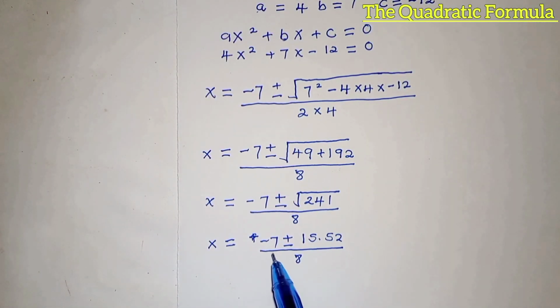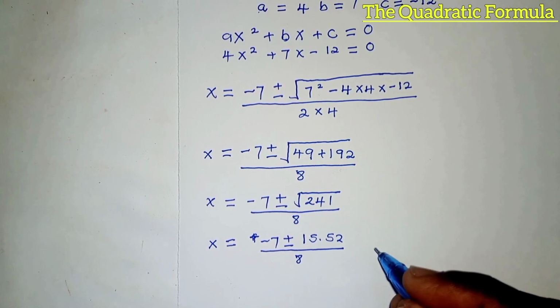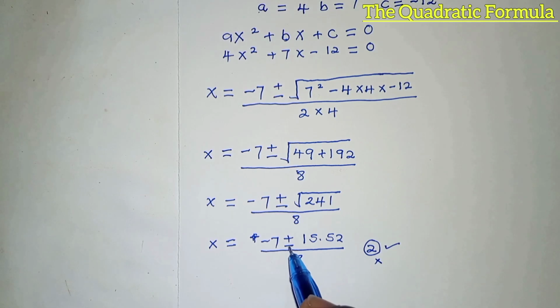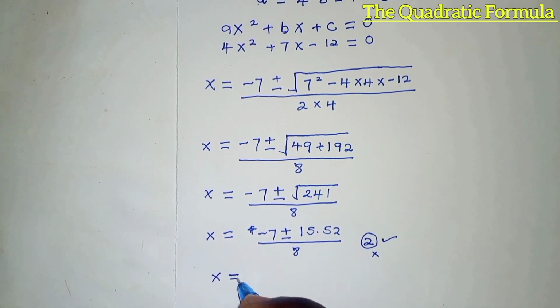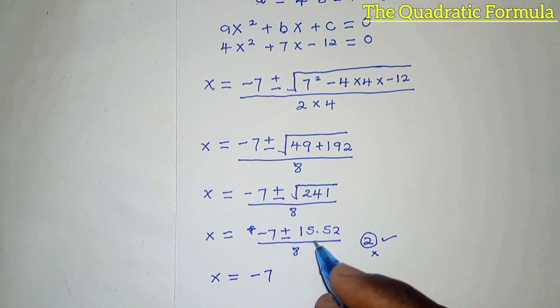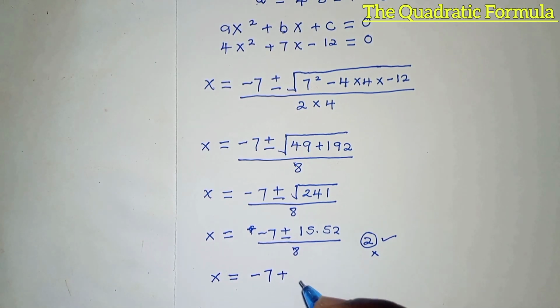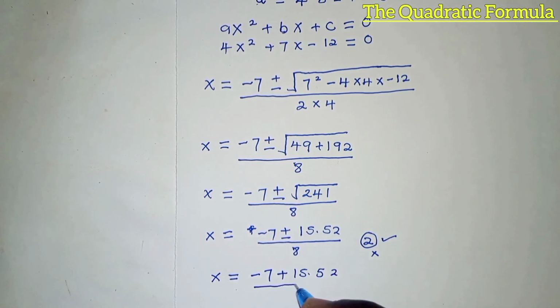So upon reaching this stage, I'd like you kindly to pay attention here. Because of this plus and minus, we have two values of x. So you have to split this equation into two parts. The first part will be when 15.52 is positive: x is equal to negative 7 plus 15.52 over 8.